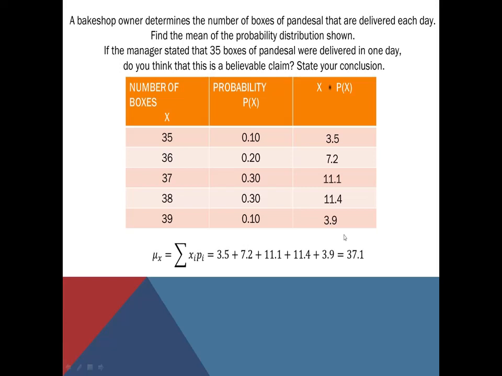Okay? So, when we add them all, we get 37.1. Therefore, the average number of boxes delivered to the bake shop owner each day is 37.1, or approximately 37 boxes.